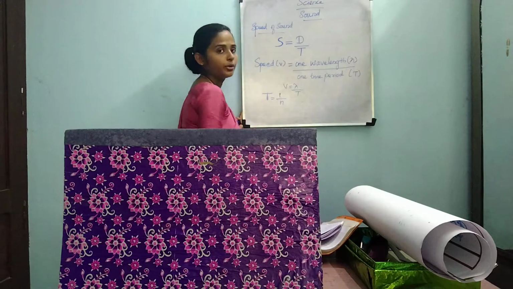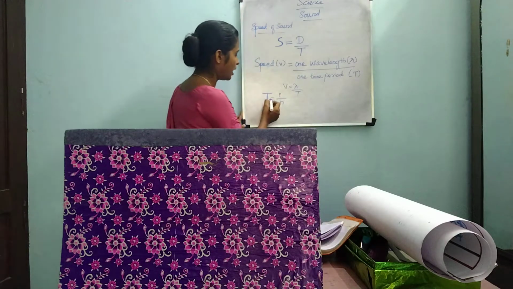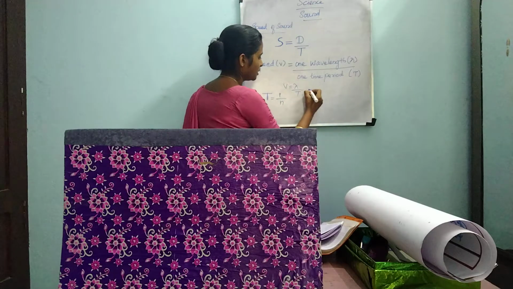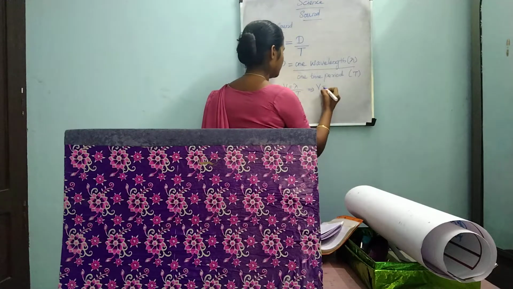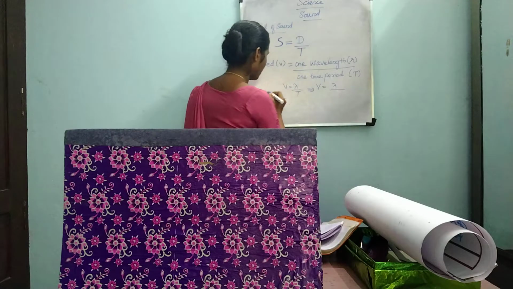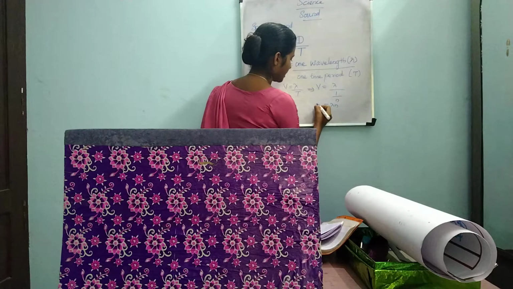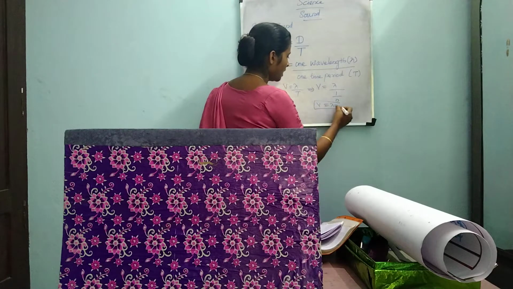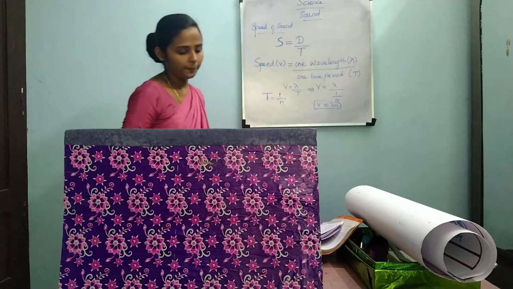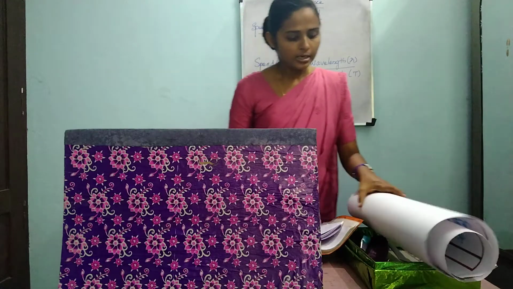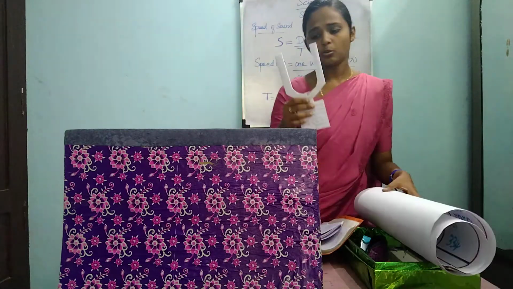N means frequency. So we substitute 1 by n for T, and V is equal to lambda divided by 1 by n. So we get lambda into n. So the new formula for speed of sound is lambda into n.